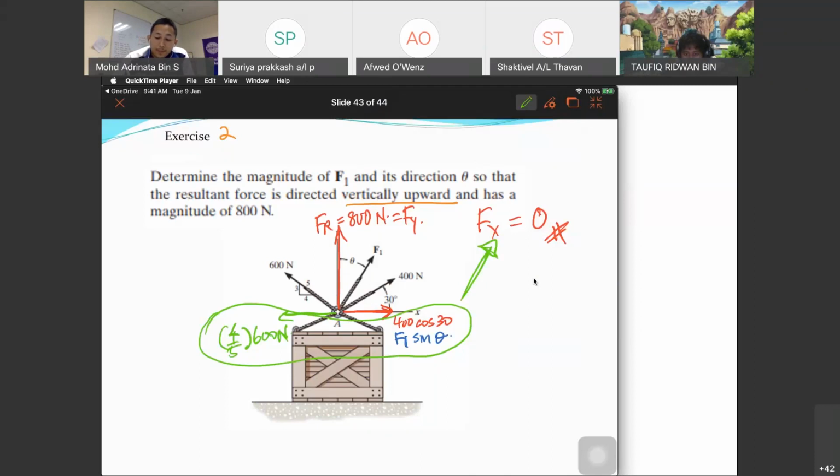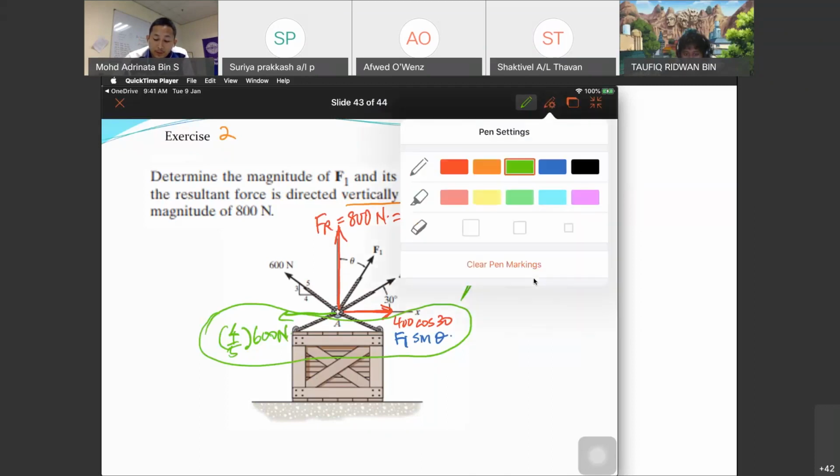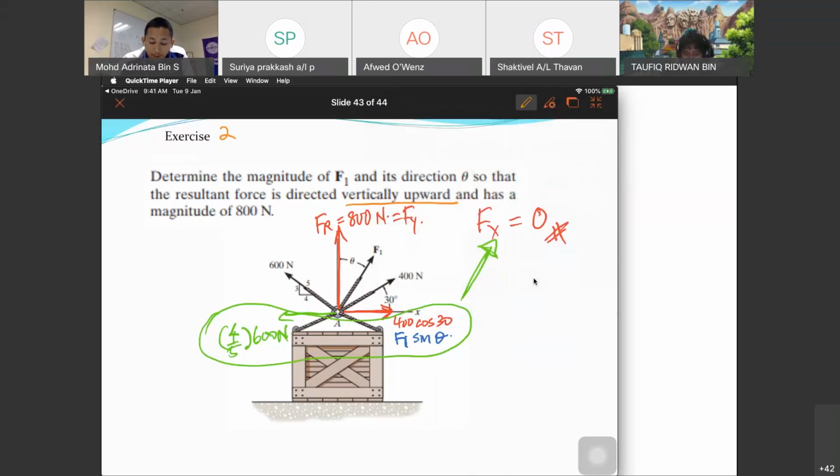And then you have your F1y. F1y is 400 sine 30, and F1 cosine theta, plus 3 over 5 of 600.